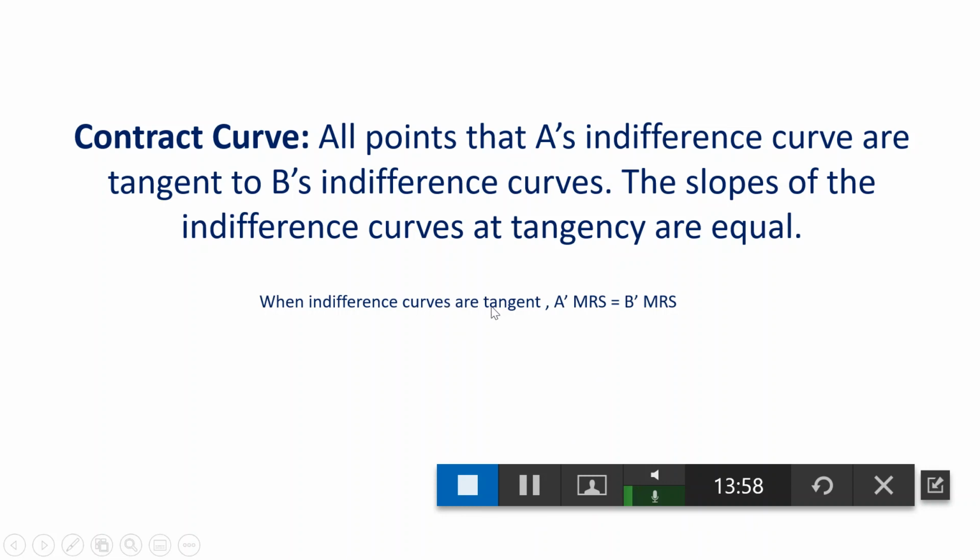When the indifference curves are tangent, A's marginal rate of substitution equals B's marginal rate of substitution: the marginal utility of good X divided by the marginal utility of good Y, that is, du by dx divided by du by dy.